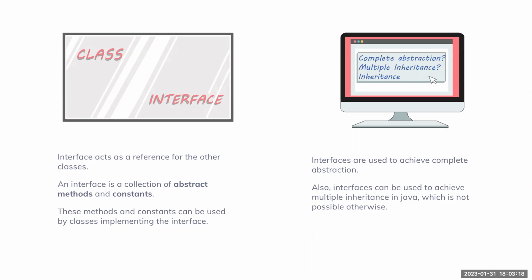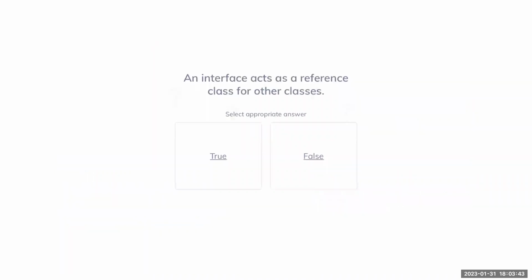And if you remember, we discussed a very small concept when we were learning inheritance, that is multiple inheritance. We mentioned that multiple inheritance cannot be possible without an interface, because interface provides this kind of concept. So an interface acts as a reference class for the other classes. Is that true?